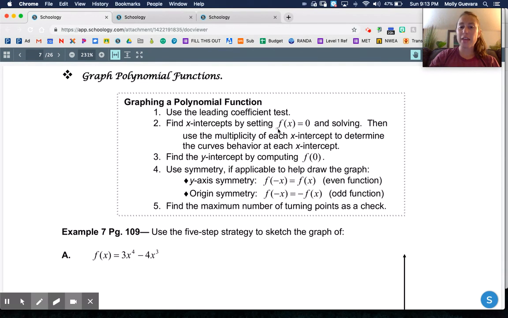Then we can find the x-intercepts by setting the equation equal to 0 and solving. So different ways of solving here. We can factor, that's probably the most common one. We can use a graphing calculator. We can complete the square.